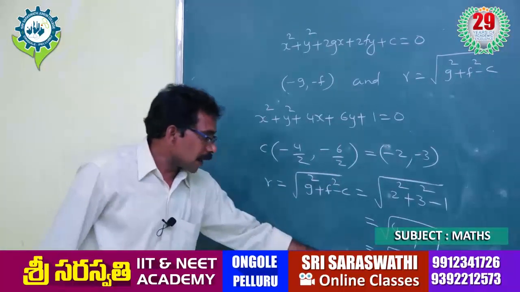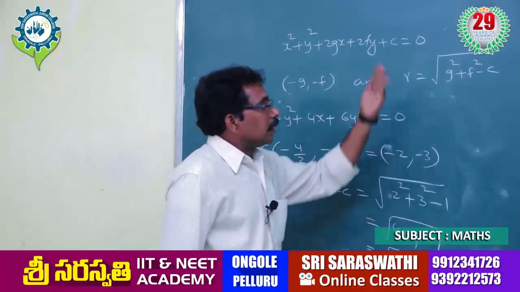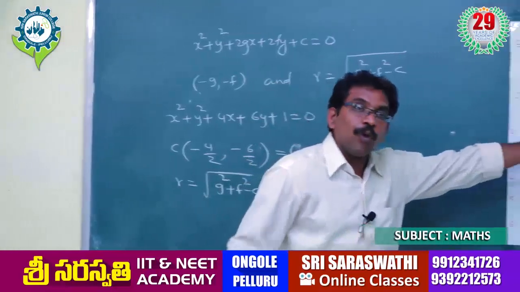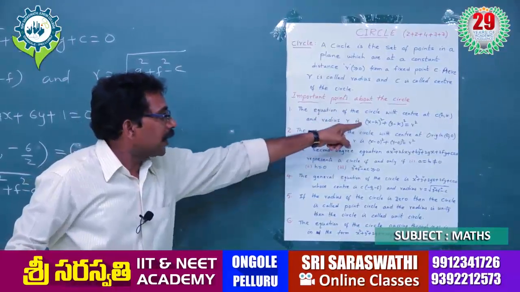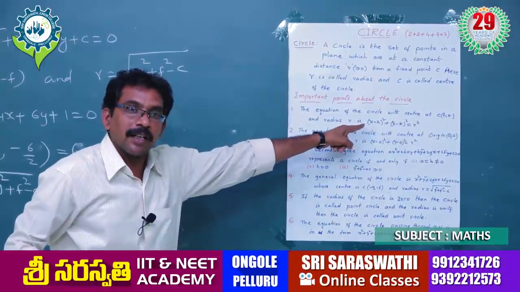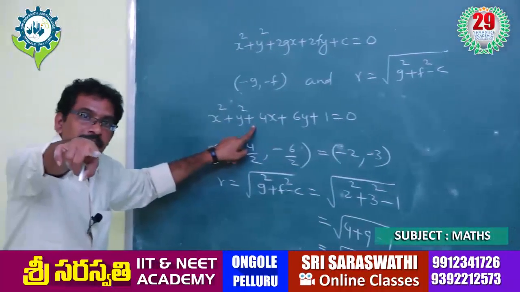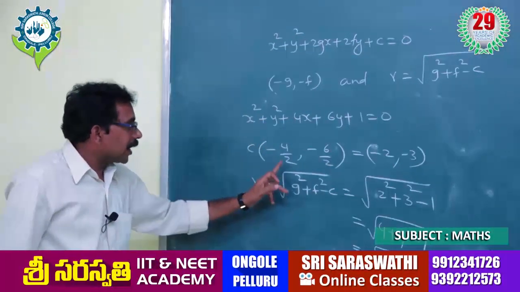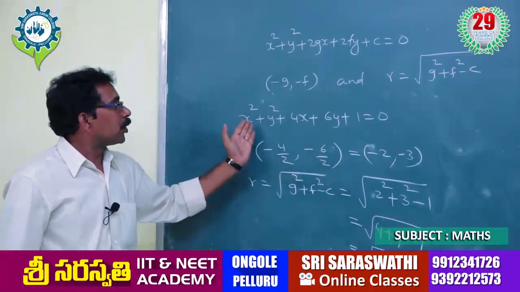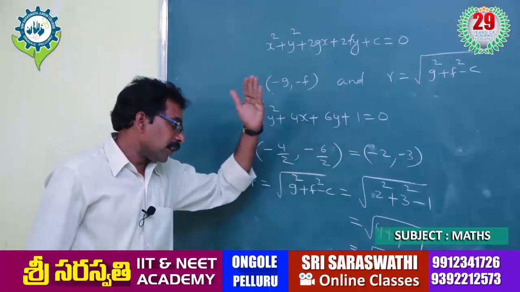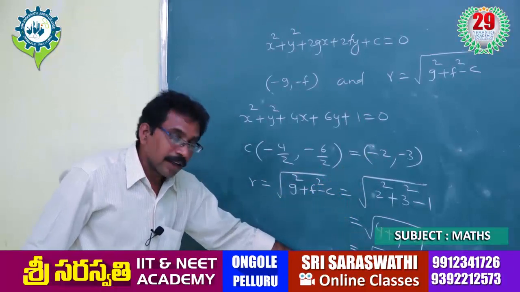In the first point, if we know the center and radius, we can get the equation of the circle. In this point, if we know the circle equation, then we can get the center and radius.